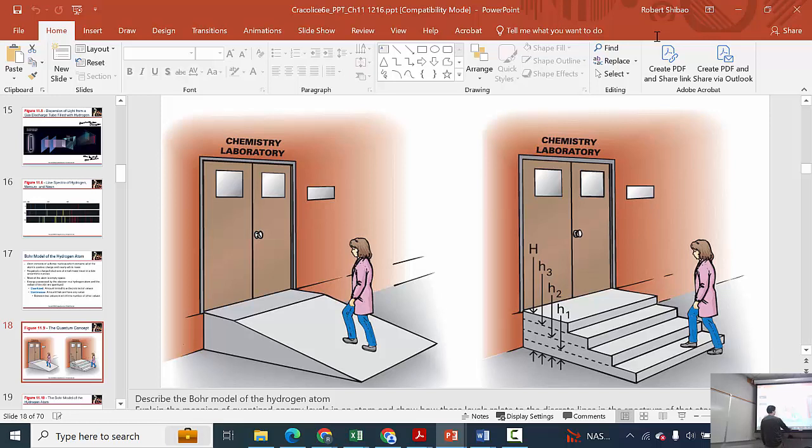Here we have a continuum of gravitational energies that are allowed, because the higher up you go, the higher the potential energy you'll have. In something like this, all energies are allowed because you can step up a little bit or you can step up a lot.